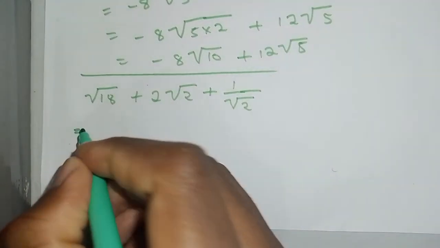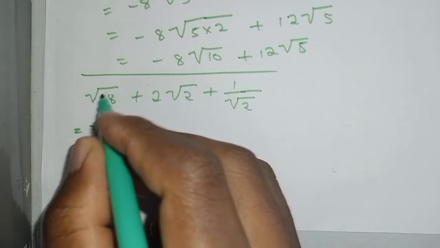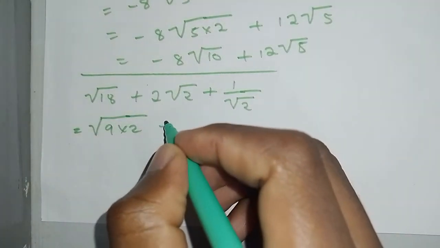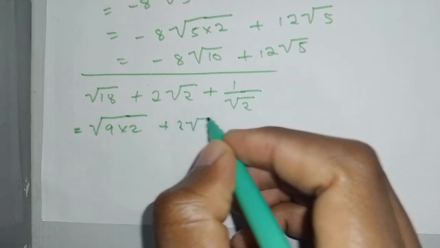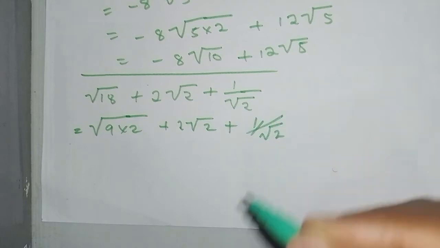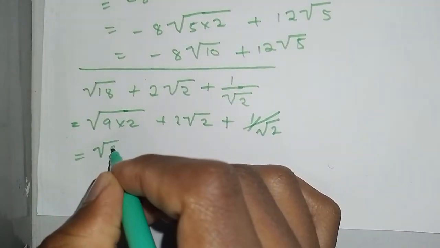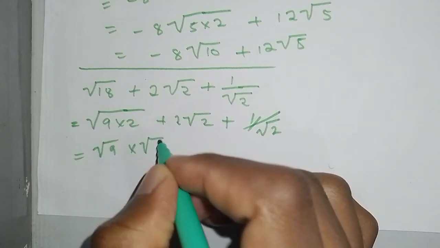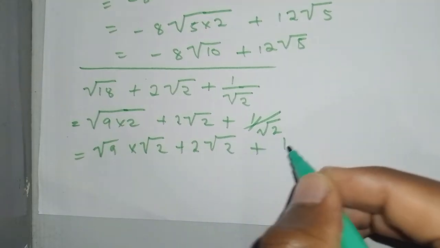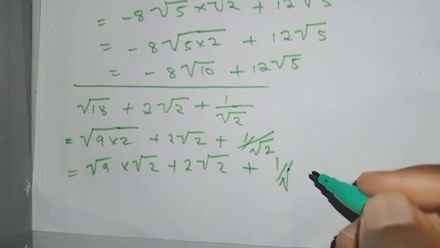Okay, we're not there. This one I can just take it and say, oh, but this one can be broken into 9 times 2. What is 9 times 2? 9 times 2 is 18, plus 2 root 2 plus 1 over root 2. Then when I split it, I'm going to have root 9 multiplied by root 2 plus 2 root 2 plus half root 2.